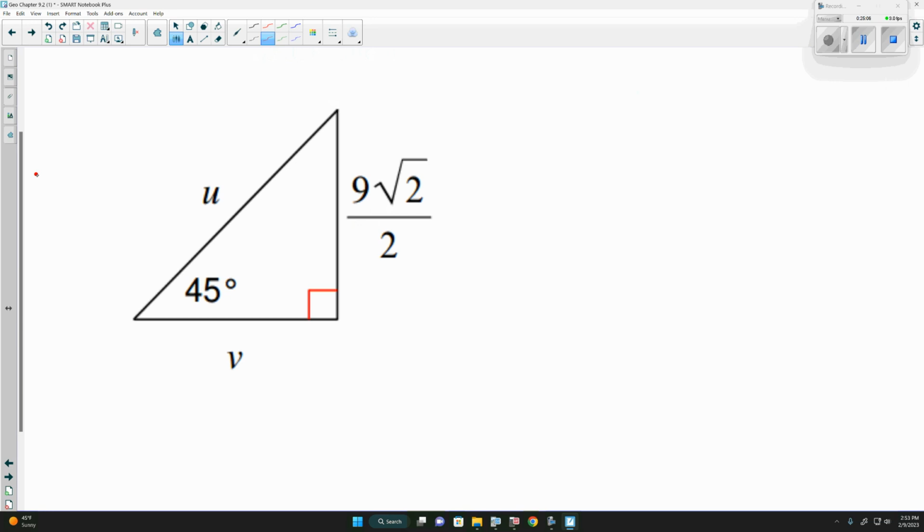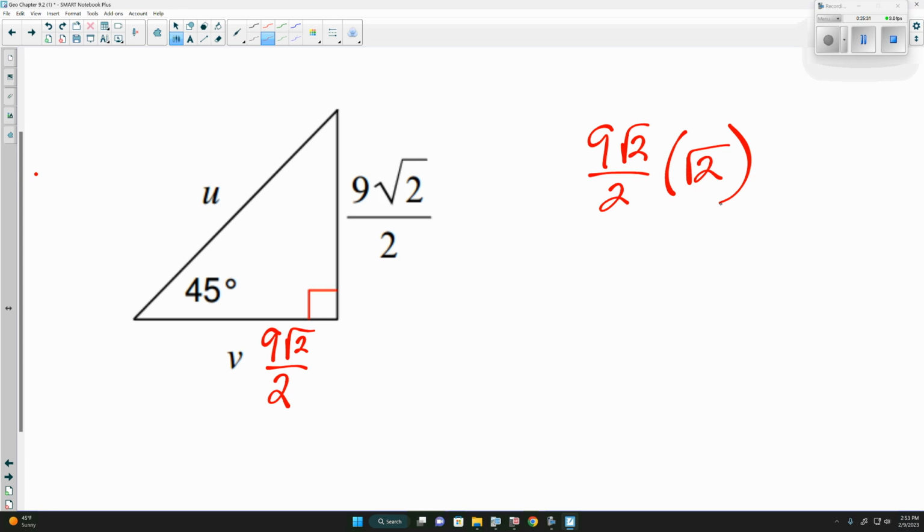We're told that this side is 9 square root of 2 over 2. What is V? Because the sides opposite the 45 degrees are the same. And the hypotenuse is whatever that length is, what? Almost. If we're going to the hypotenuse, we multiply by the square root of 2.